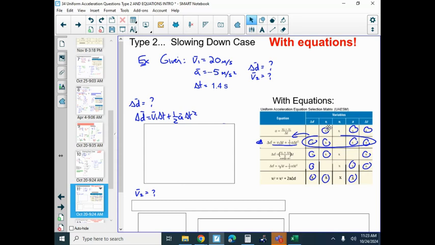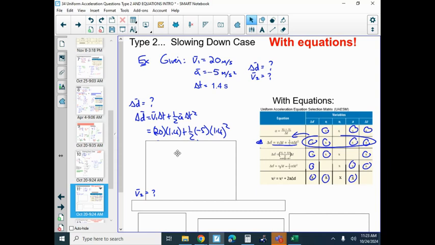Same one again because obviously we're doing a type 2 question still. And so you can just fire the numbers in. The V1 can go in as 20, the time can go in as 1.4, the acceleration goes in as -5. Just put them in as the values are. -5 goes in, okay? Has to go in. And so we end up with this answer, 23.1.